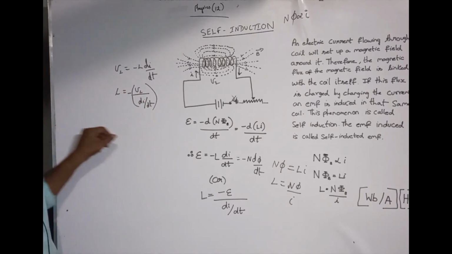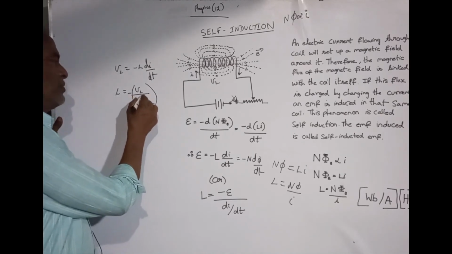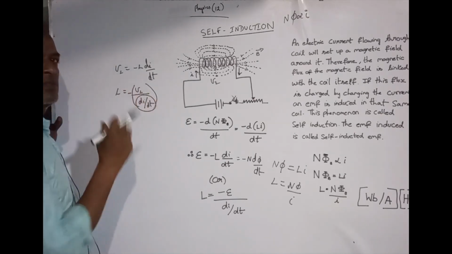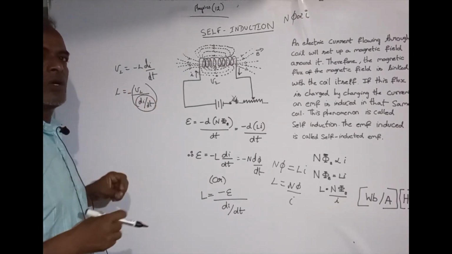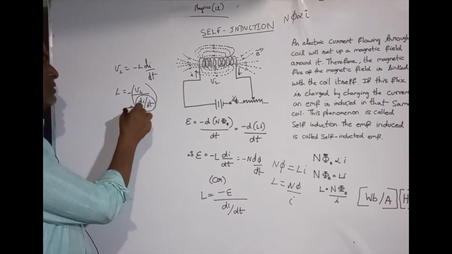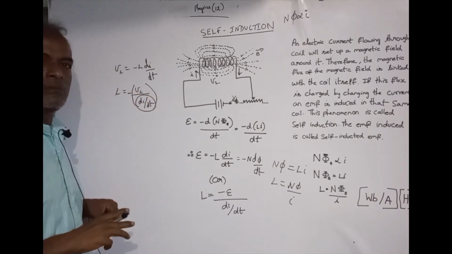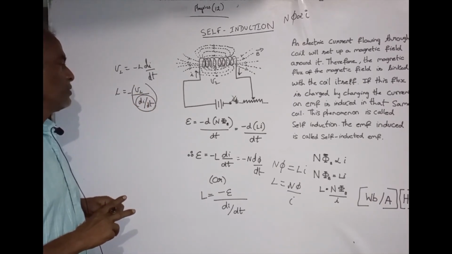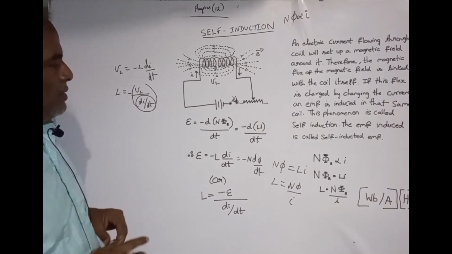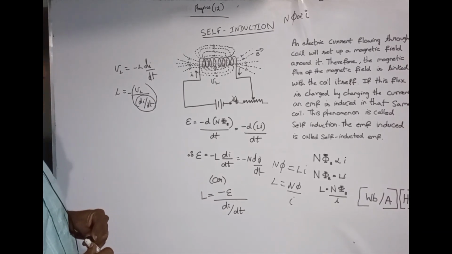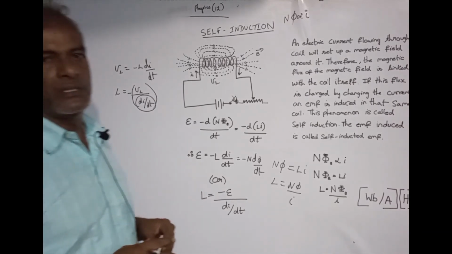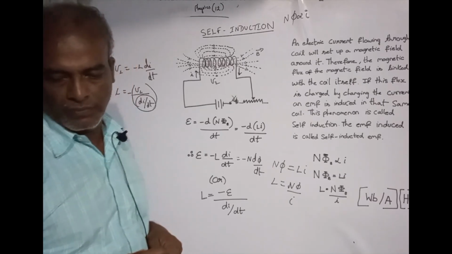Now if you carefully watch the denominator term, if there is no rate of change of current, that means if the current is not varying, what will happen? This value will become 0. So anything divided by 0 will become infinity. Okay? That's all about self-induction. Thank you.